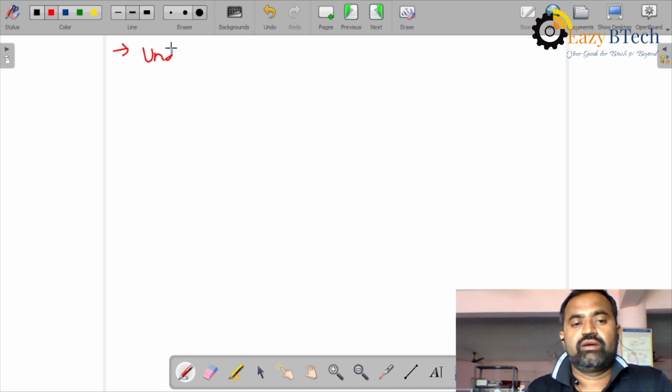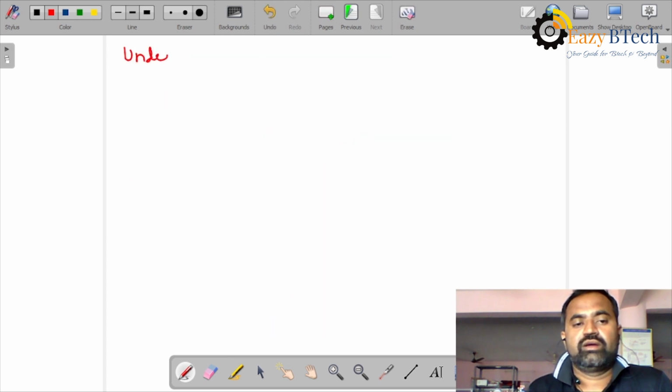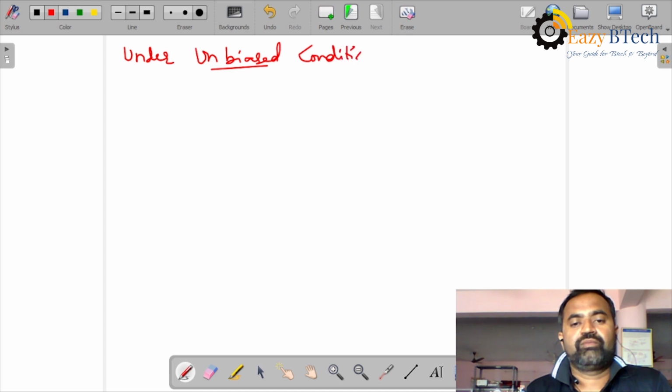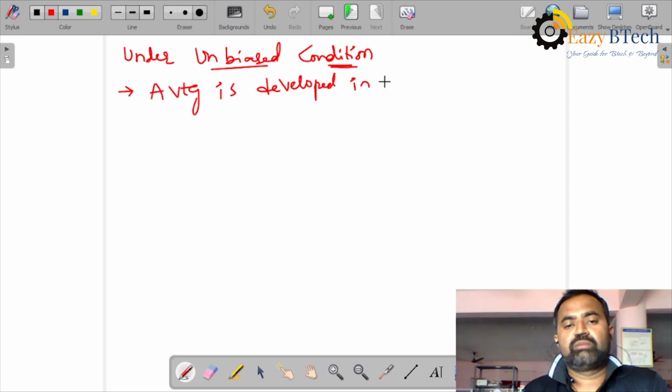Under unbiased condition, a voltage is developed in the depletion region.